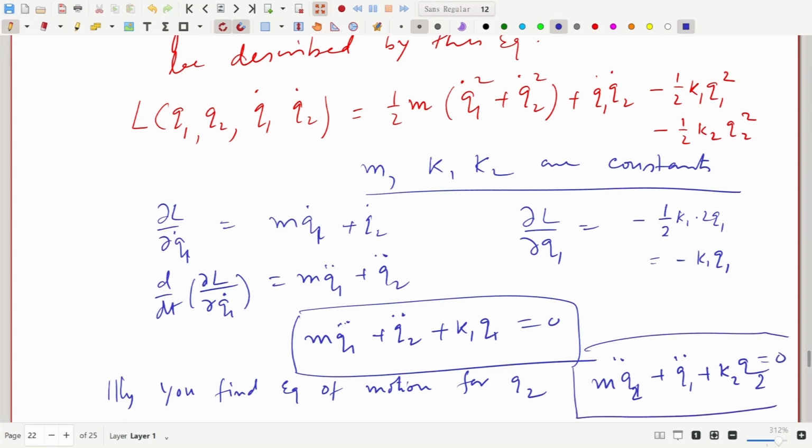Maybe with this we'll stop here. In the next class we'll see how this Euler-Lagrange equation can be used to find the equation of motion for different systems. Before that, we have to know the various properties of this mathematical quantity, the Lagrangian, which is very important for this course.